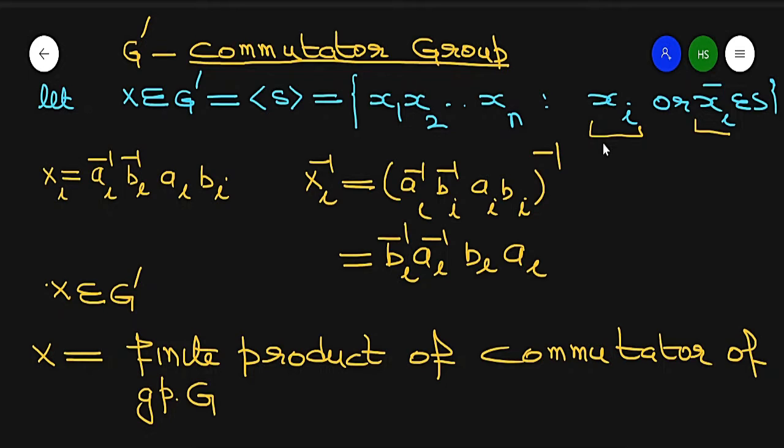So it is simply a finite product of the commutators of group G. So remember the definition of G dash.